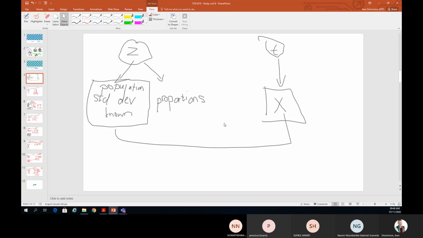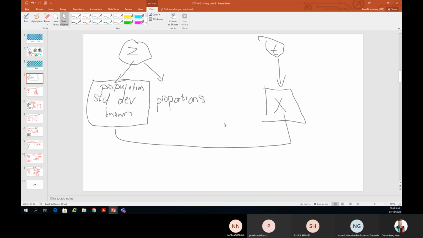Then whatever confidence percentage they give you, you need to say 1 minus that. And because we're working with a confidence interval, it is always a two-tail. So that means we need to divide that 1 minus the confidence number by 2.